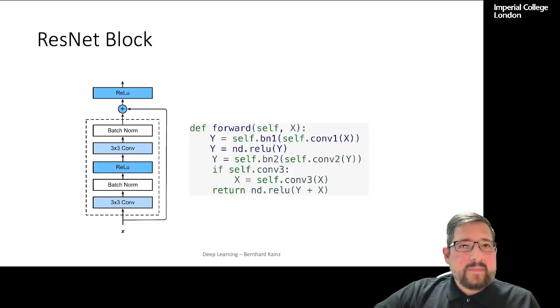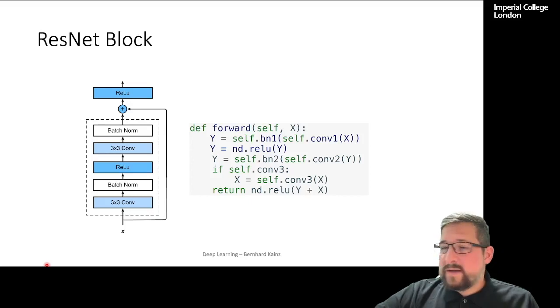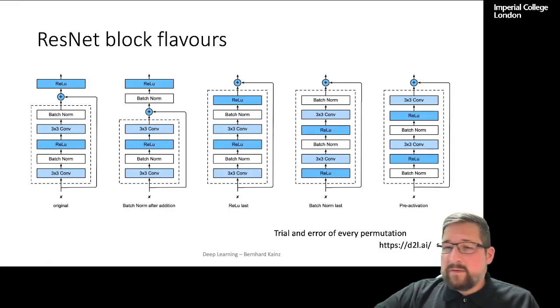And so if we talk about how this is implemented, this is really straightforward to implement in PyTorch. Just have here the forward function with batch norm, activation, batch norm, convolution, activation, and with that we have our block basically, and can vary this block around.